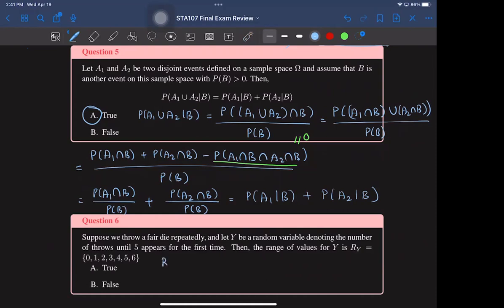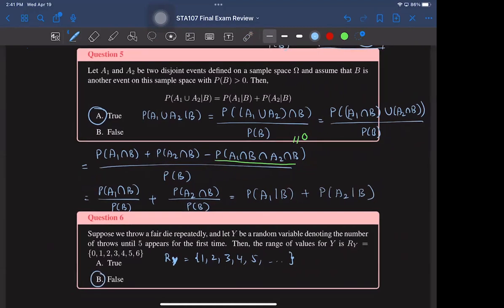So the range for Y should be 1, 2, 3, 4, 5, and so on, up to infinity. We do not have an upper bound for the range of Y, and the lower bound has to be 1, because you need to throw at least once to get a 5 for the first time. Therefore, 6 is false. Does this make sense?